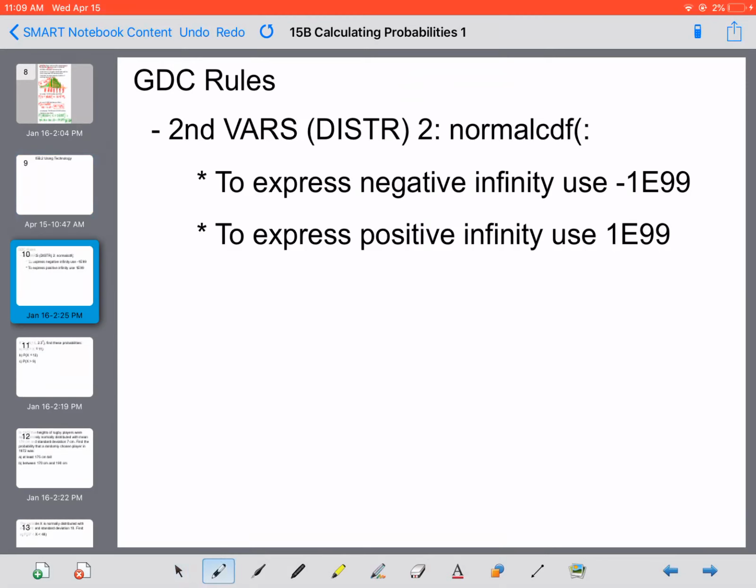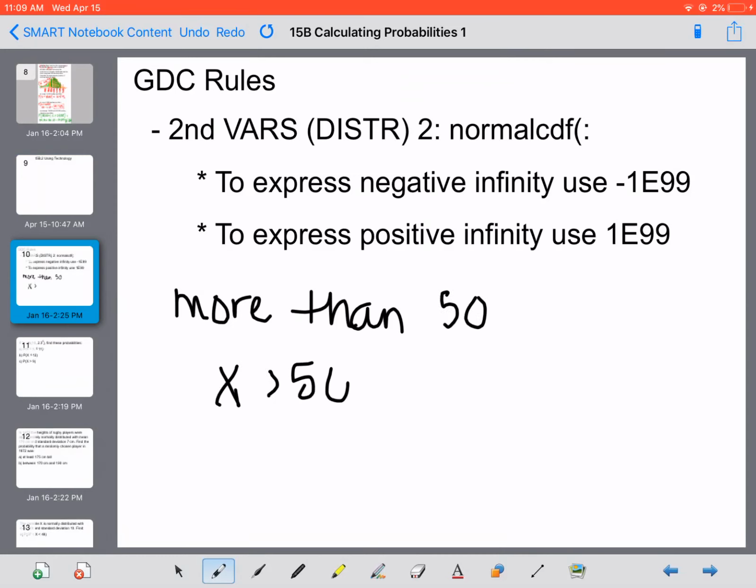So what I'm talking about there is, let's say that I told you I wanted it to be more than 50. Well, this is going to be x is greater than 50. So that means I'm going to positive infinity. I'm 50 or more.